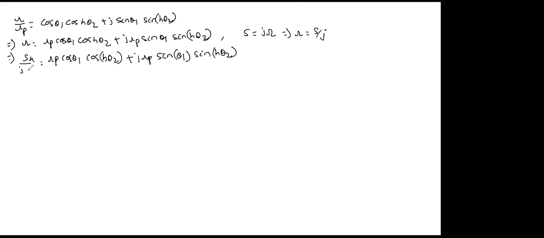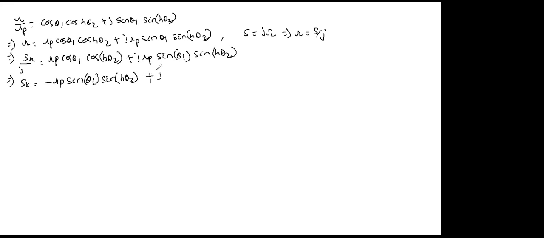Now simple, multiply this j. So what will we get? s k. If you multiply this j, then what will we get? First I'll bring this real term. It is minus omega p sin theta 1 sin hyperbolic theta 2.